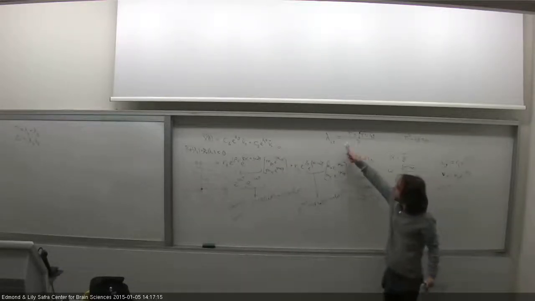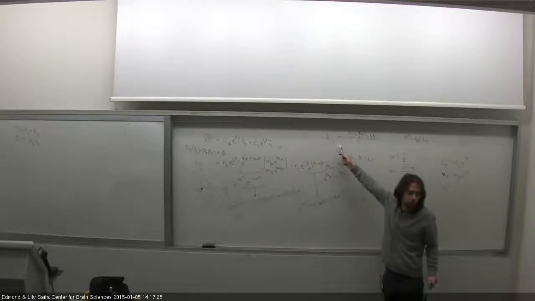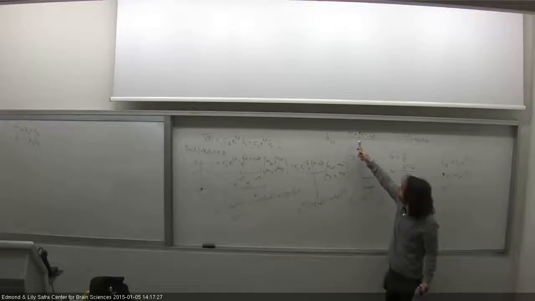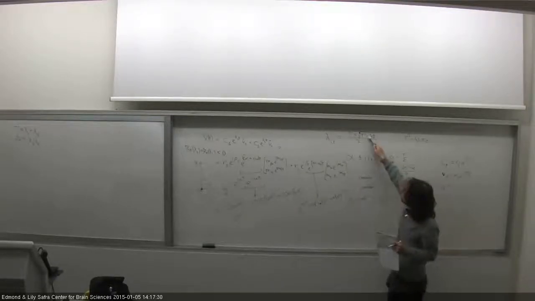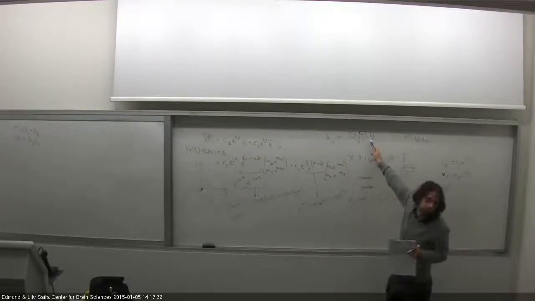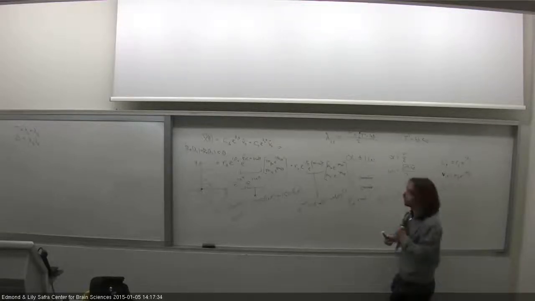If I add lambda 1 and lambda 2, the square roots will cancel. I'll get half tau plus half tau. I'll get the trace. This is if I add the two eigenvalues. If I multiply, then I will get back delta. Okay? You can try doing that, right?